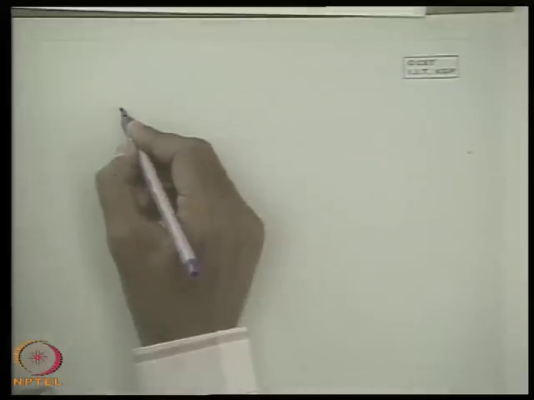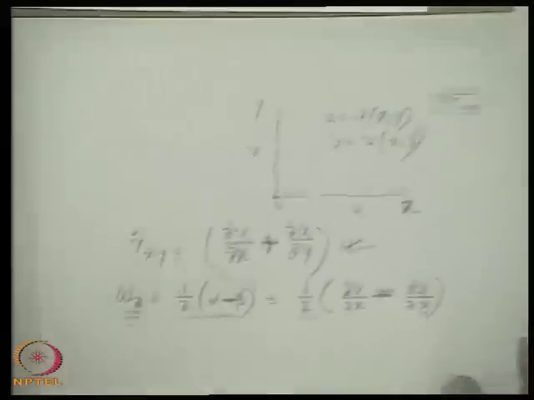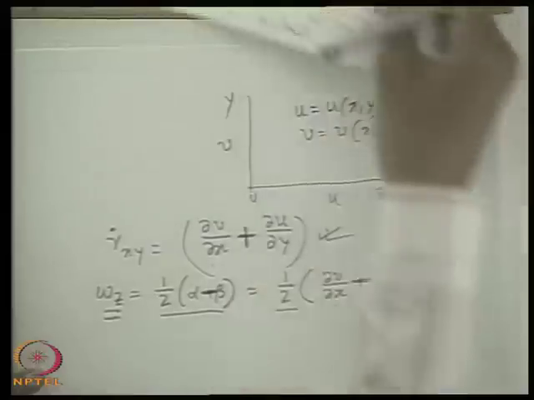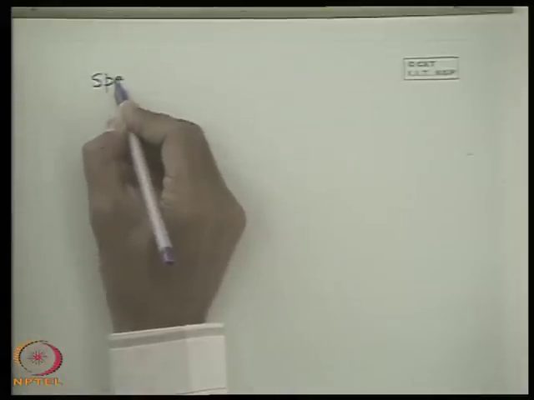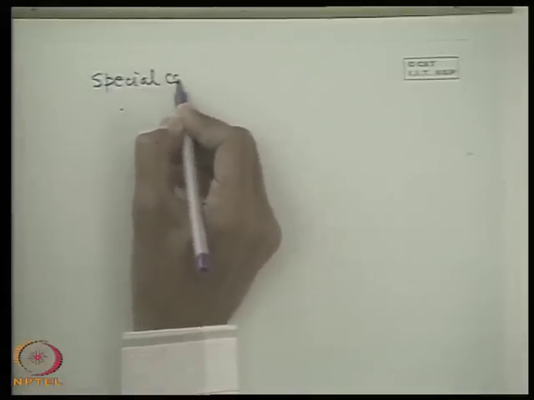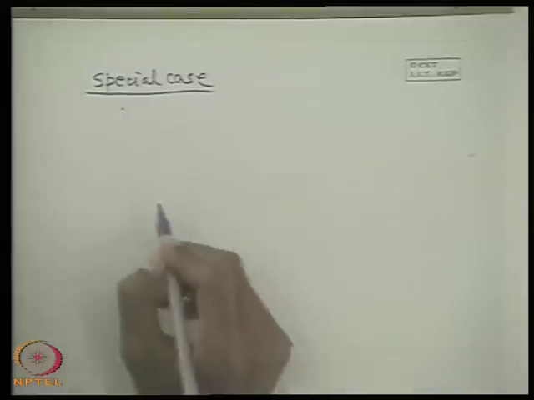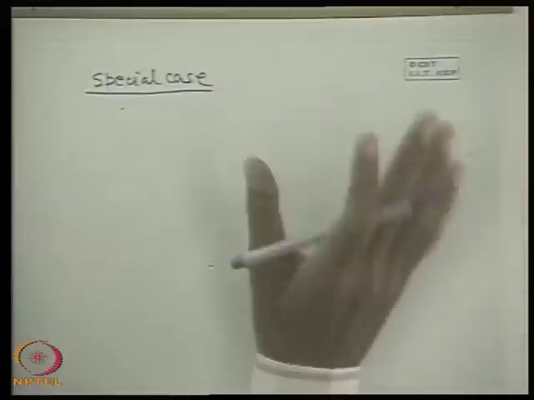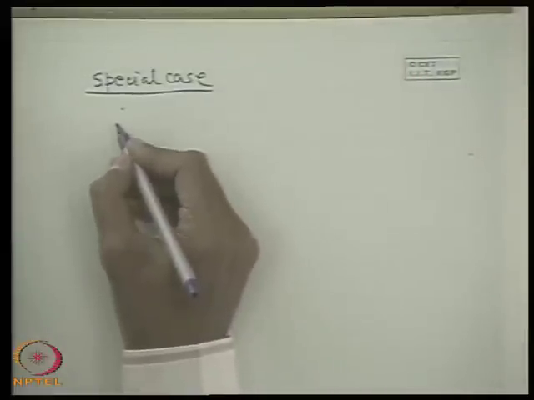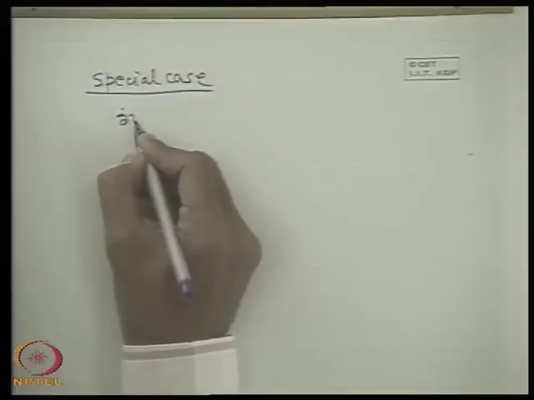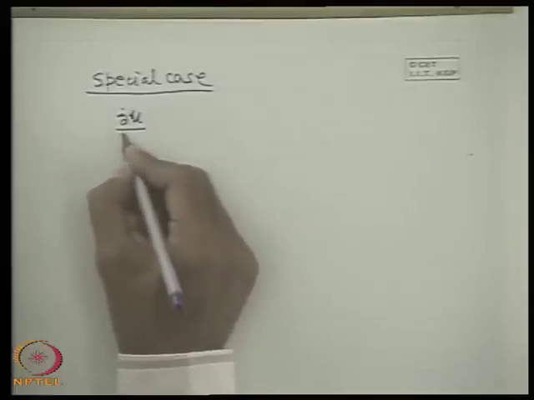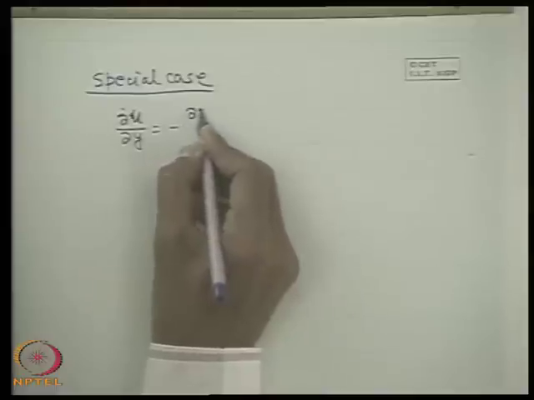Now, in a three-dimensional case, if we consider, before that, of course, I would like to tell you some special cases. Let us consider this special case when the u and v variation is such that del u del y is minus del v del x.